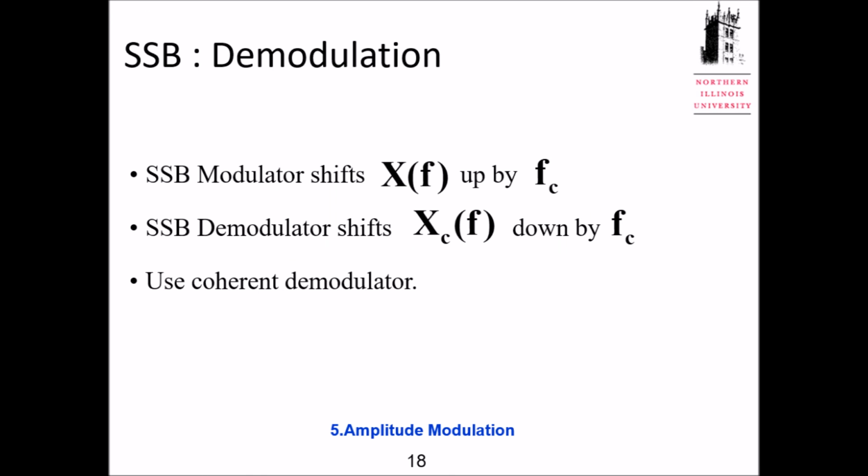The transmitter shifts your spectrum up by the carrier frequency. The demodulator shifts it back by omega c, so we get the signal demodulated.